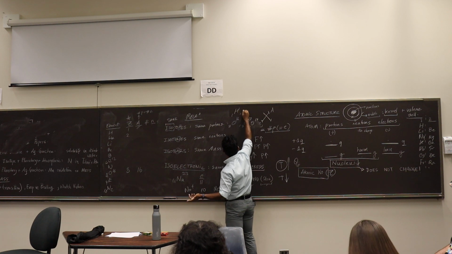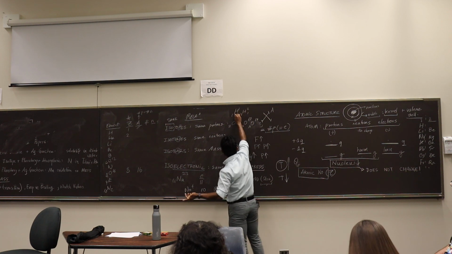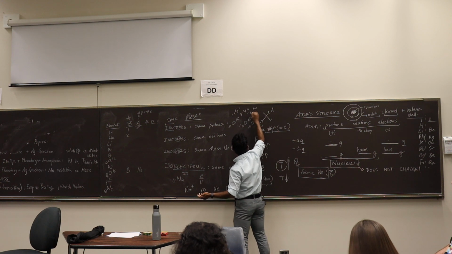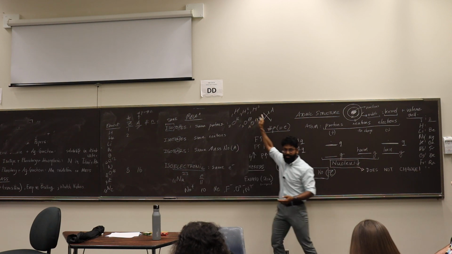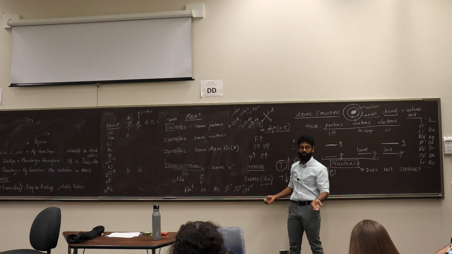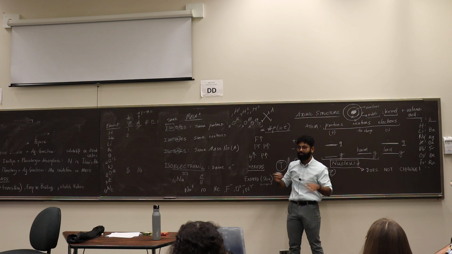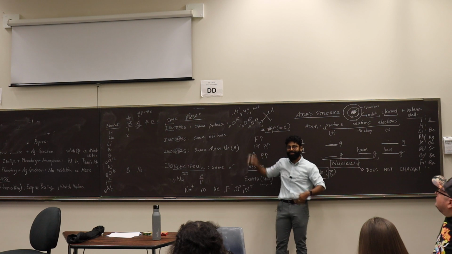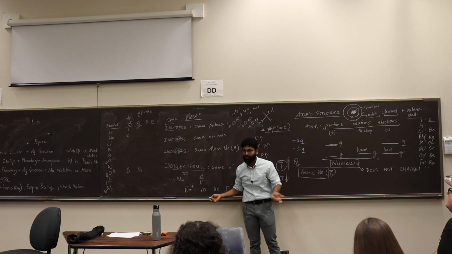Hydrogen 1 1, 1 2, so protium, deuterium, tritium, 1 3. Number of protons, same. Number of neutrons, different. Isotopes of hydrogen, chlorine, sulfur, the list goes on. You get the idea. You cannot say 16 and 16 because I cannot be my own brother.